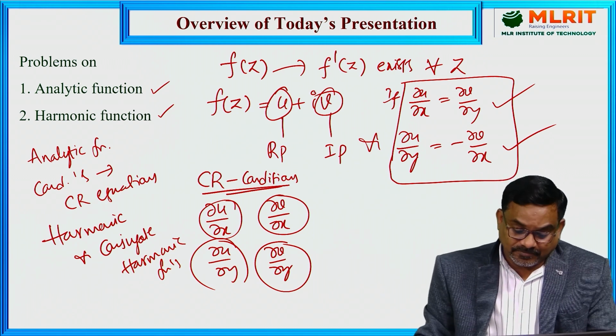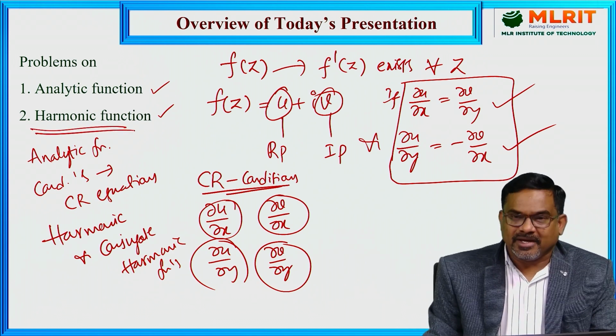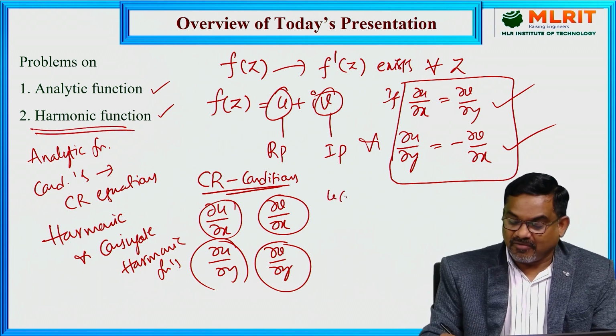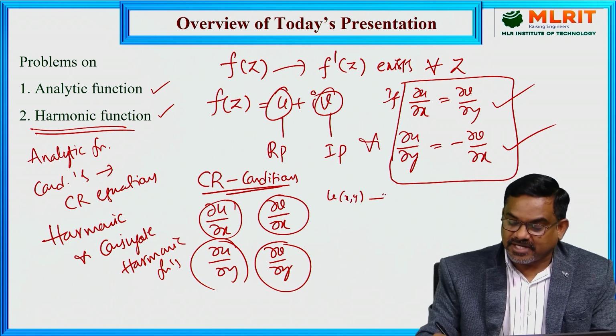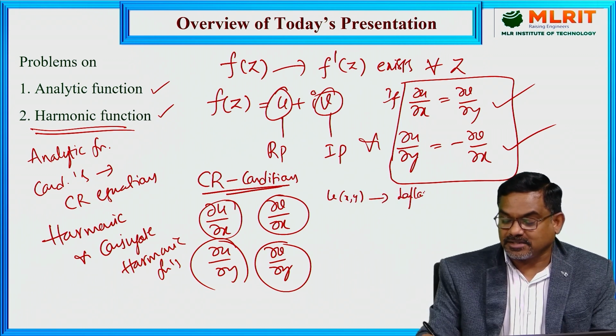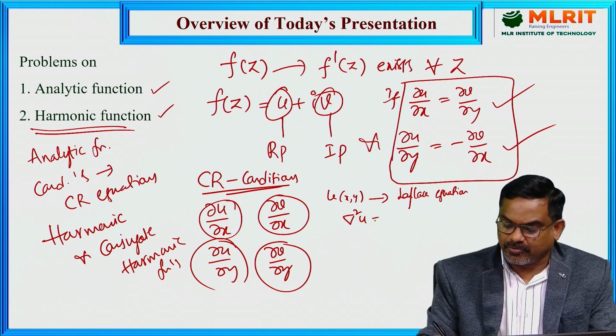And also we have discussed harmonic function. A function u of x comma y is said to be harmonic if it satisfies the Laplace equation. What is the Laplace equation? Del square u equal to 0.